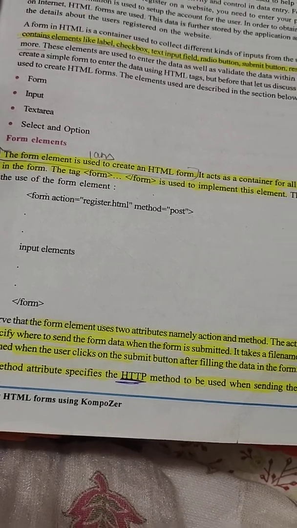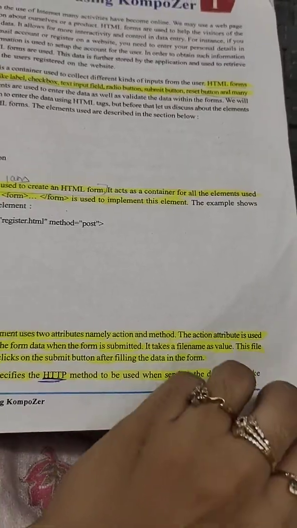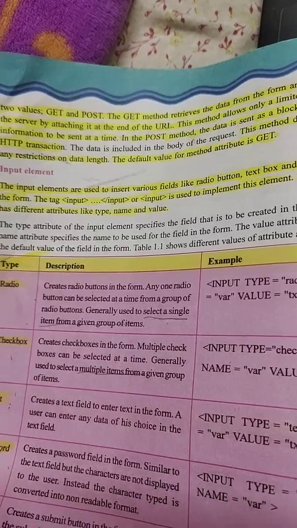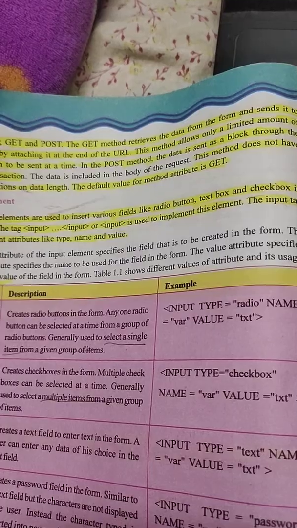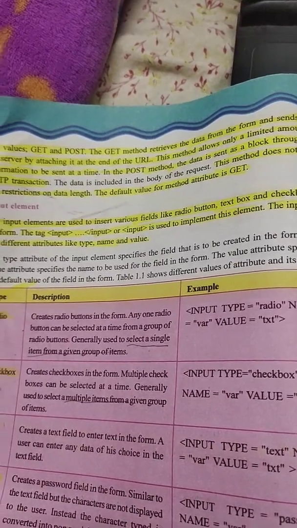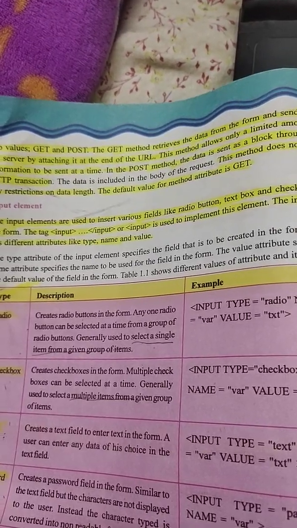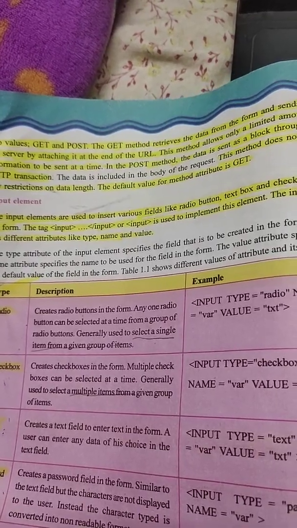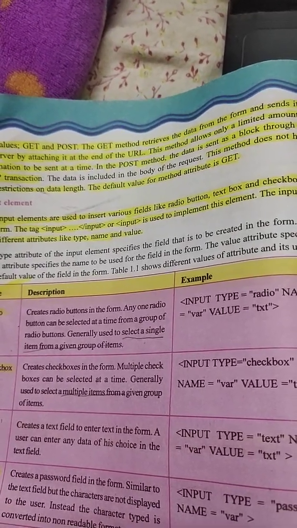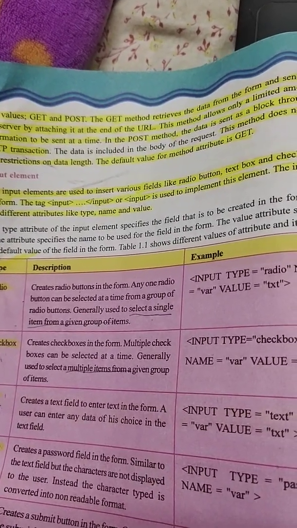The method attribute specifies the HTTP method to be used when sending the data. It can take two values, get and post. The get method takes the data from the form and sends it to the server by attaching it at the end of the URL. When we click on the submit button, get takes our data and sends it to the URL.